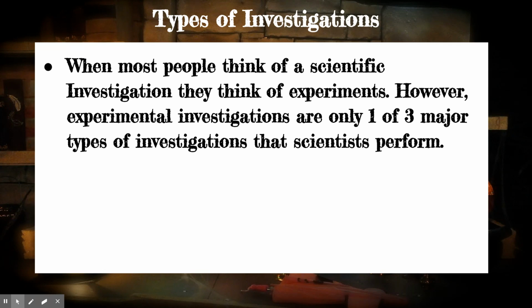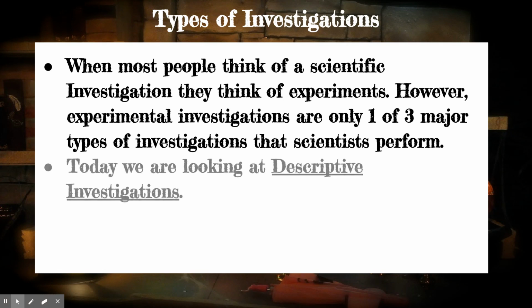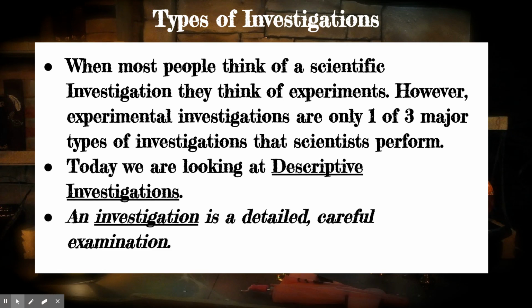Experimental investigations are only one of 3 major types. So in science, there are 3 different types of investigations that scientists perform. And we're going to be looking at all of them. But just to let you know, an investigation is a detailed, careful examination of something, object, or event.